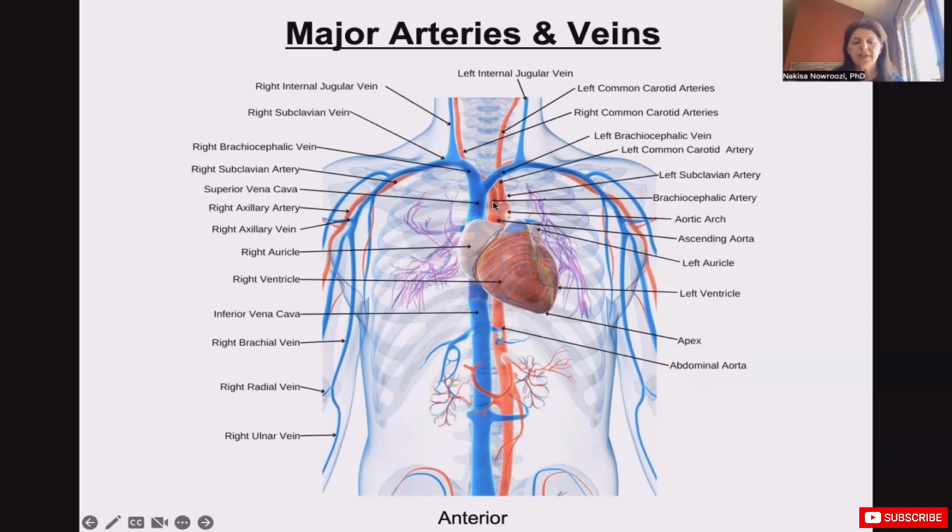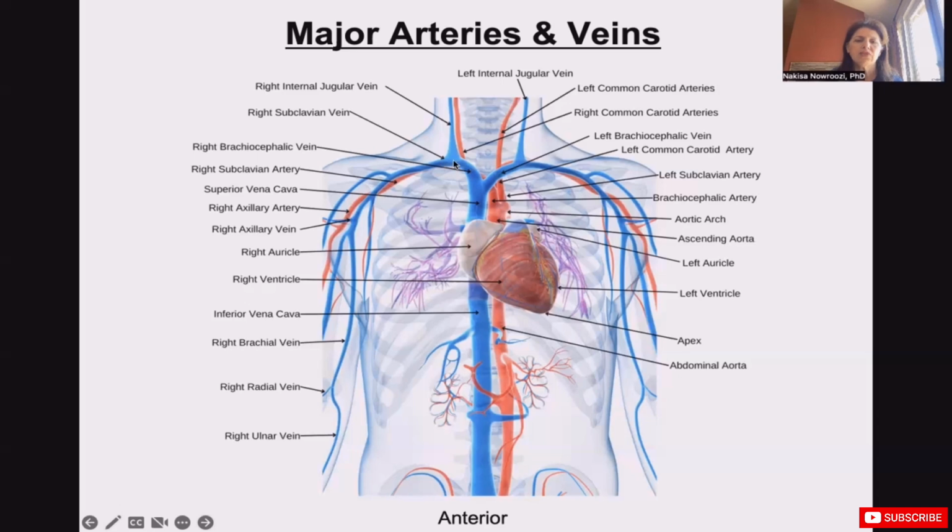Here also brachiocephalic artery further subdivides into right common carotid artery and right subclavian artery. Then you have left common carotid artery, and in the very back, it shows a little bit of left subclavian artery. Superior vena cava is further divided into right brachiocephalic vein and left brachiocephalic vein.